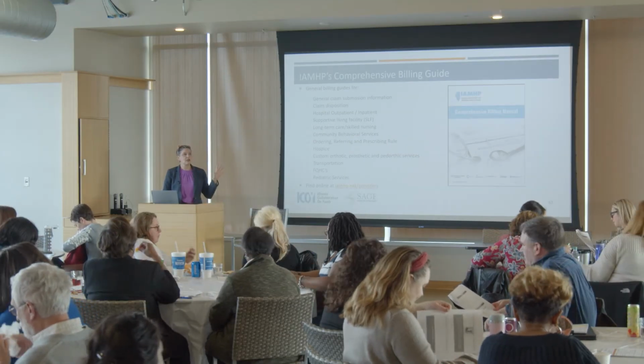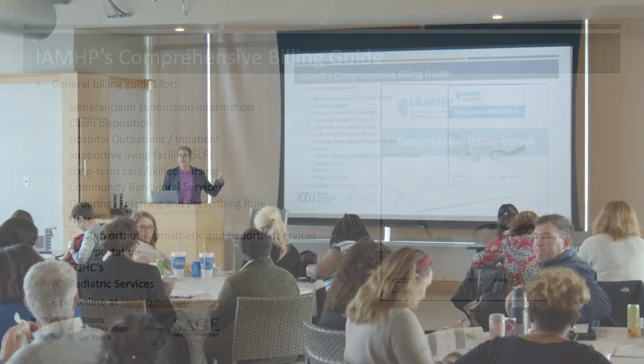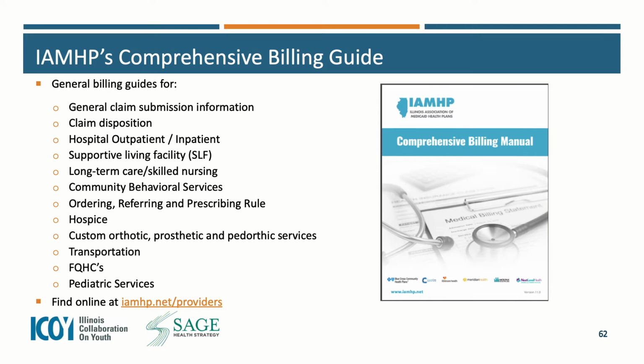We've already talked about the comprehensive billing guide. A lot of what Angela and I are presenting this afternoon is in the billing guide. Go back, read it at your leisure. It's super exciting stuff. But if questions come up or you want to think through something and go back and find it in the billing manual, please feel free to do that.